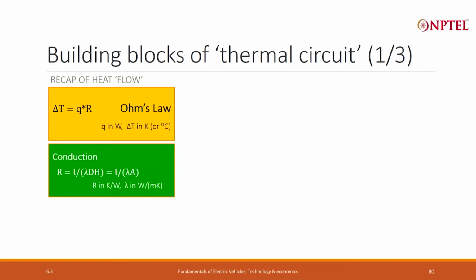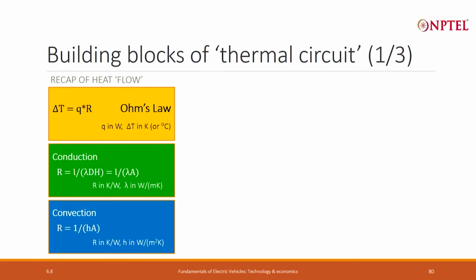And this thermal resistance gets applied both in conduction and in convection. In the case of conduction, the material property is well known, what is called lambda, the coefficient of thermal conductivity, and the resistance depends on the material property lambda as well as on the geometry, which is the length and area. This we already know.